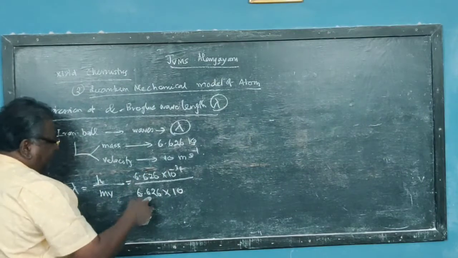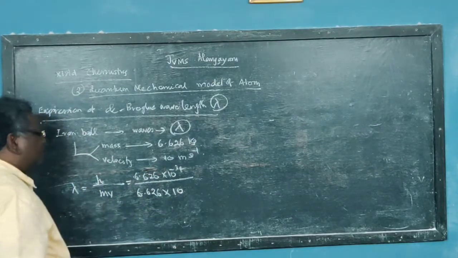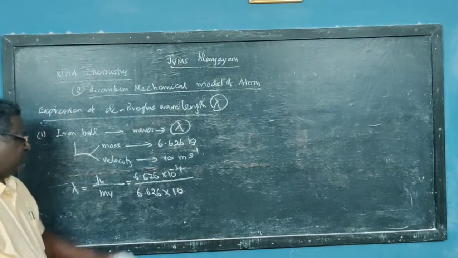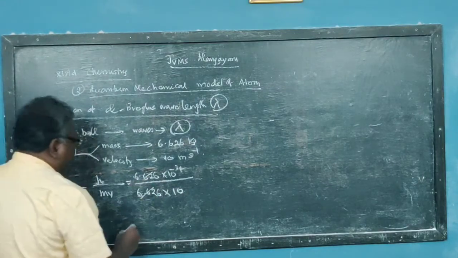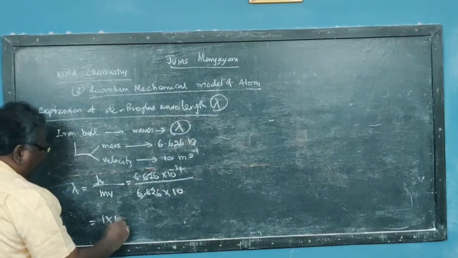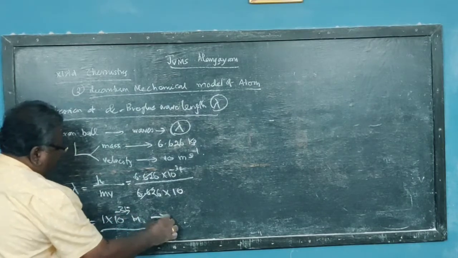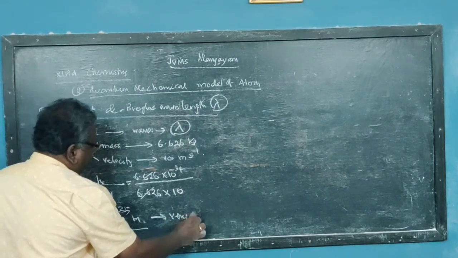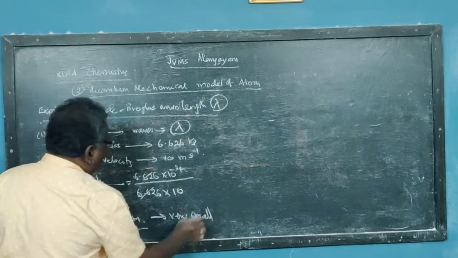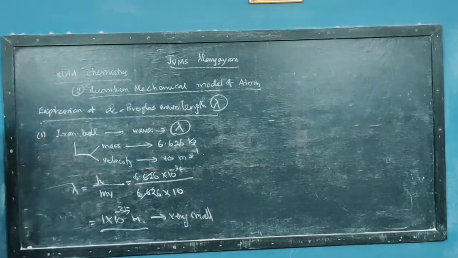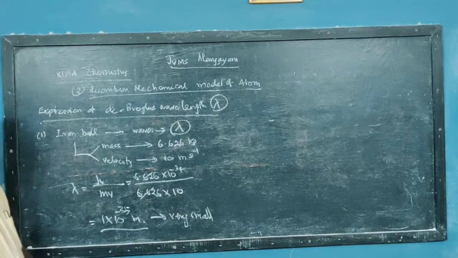So mass is this and velocity is this. This gets cancelled and it becomes 1 into 10 power minus 35 meter. This is very small, which cannot be measured. Since the size is very small, it cannot be measured. So de Broglie wavelength is ruled out for bigger particles like an iron ball, tennis ball, like that.